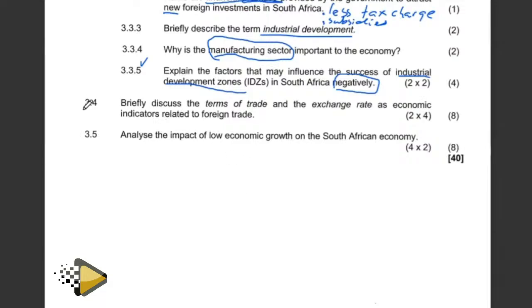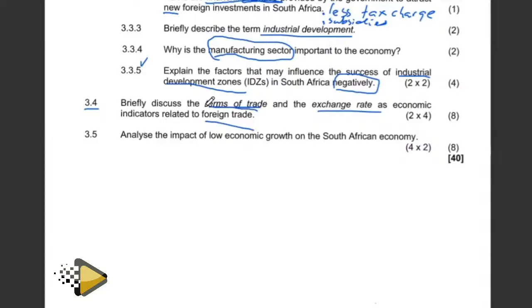Question 3.4, grade 12, reads as follows. Briefly discuss the terms of trade and the exchange rate as economic indicators related to foreign trade.